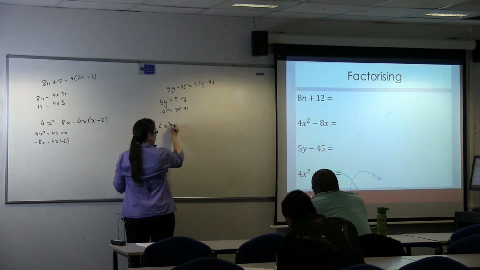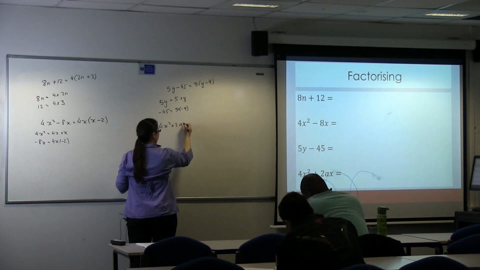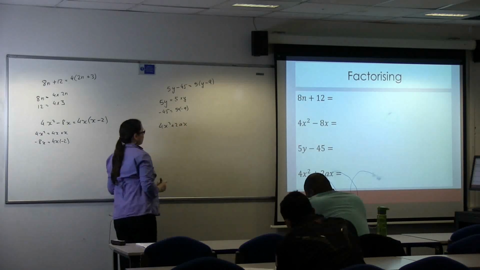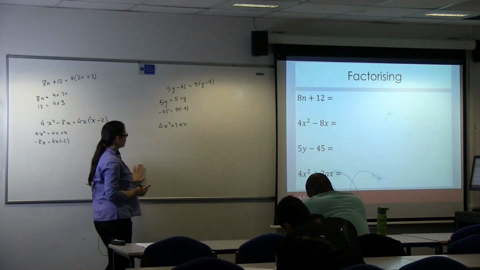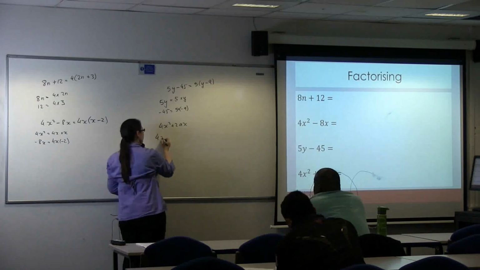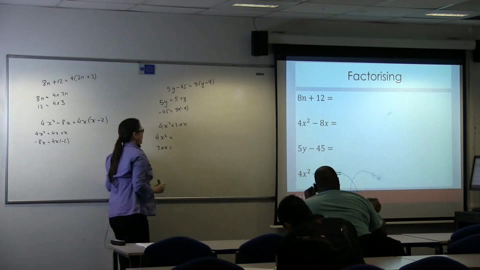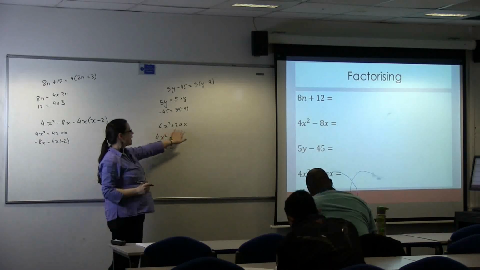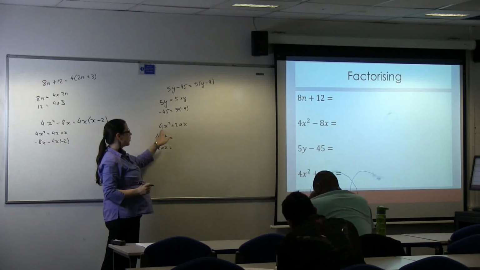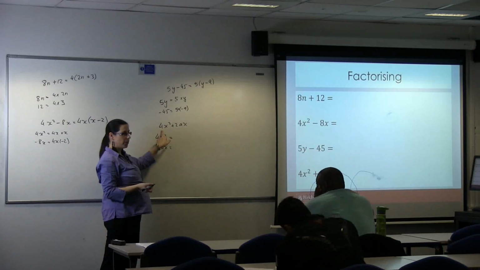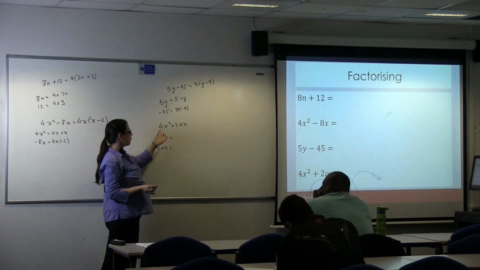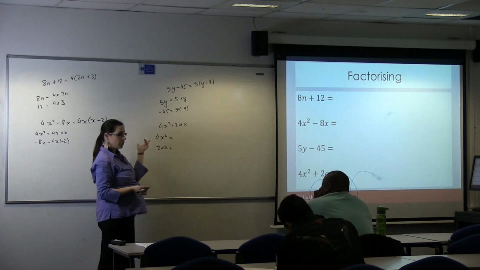Last one, 4x squared plus 2ax. Now, if I look at these two terms, I can see that both of them have got numbers, so I probably will be able to factor out the number. But what's the common factor of 4 and 2? 2.